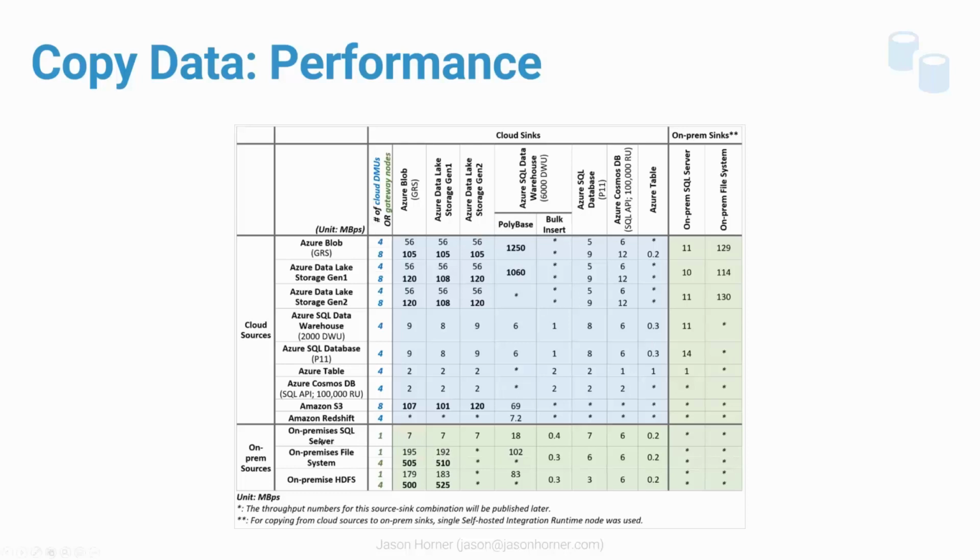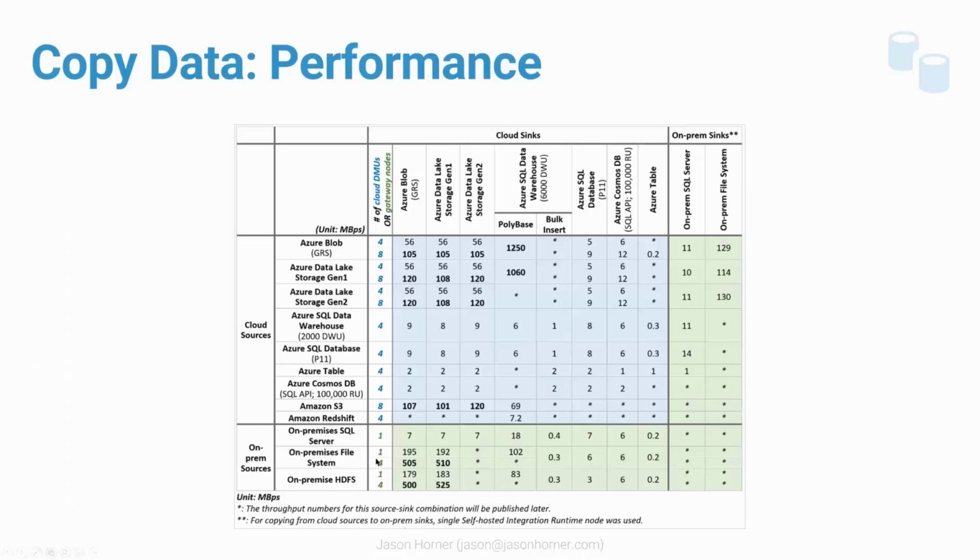So for example, moving an on-prem SQL Server into Azure Data Lake Gen 2 is capped at 7 megabits per second, which isn't super fast, but again, your WAN network or your MPLS connection may cap out at that. So I've seen this cause some, not necessarily performance issues, but some slowdown with certain customers.